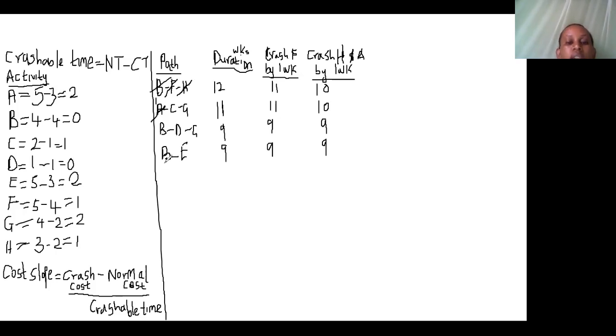Our next item, now that we have crushed all the activities as per the requirements in this example, we now perform what we call the time cost analysis. What is the trade-off between the time and our cost? We do what we call time cost analysis.